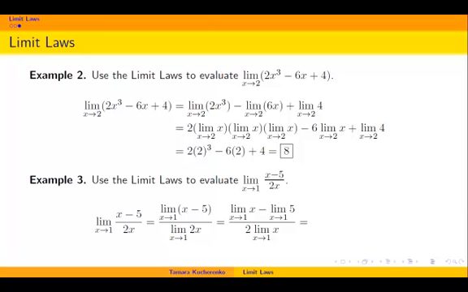Finally, we observe that the limit as x approaches 1 of x equals 1 to get 1 minus 5 over 2 times 1 equals negative 2. Again, this is equivalent to substituting 1 for x into the function.